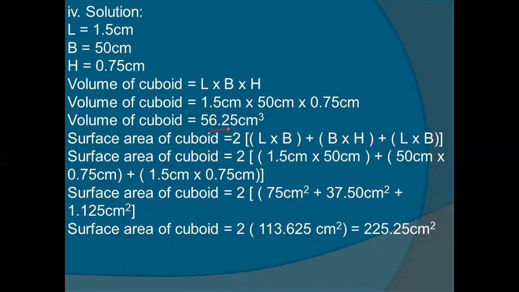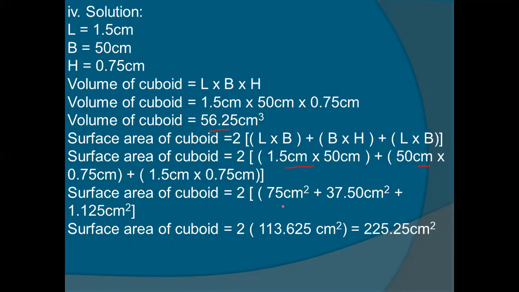Now the second part, surface area of the cuboid, is equal to 2 times length multiply breadth plus breadth multiply height plus length multiply height.